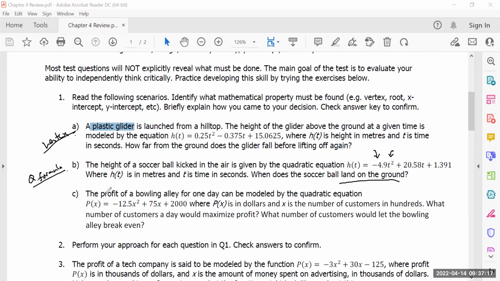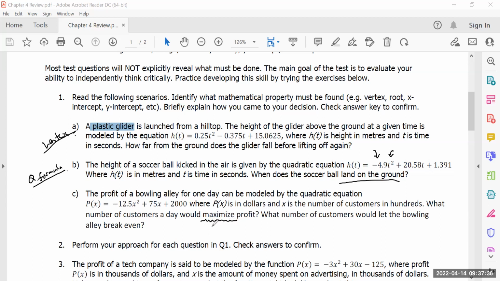Number 1C, the profit of a bowling alley for one day can be modeled by the equation, where P is in dollars and x is the number of customers in hundreds. What number of customers a day would maximize profit? Ooh, key word right there. I will not go any further.